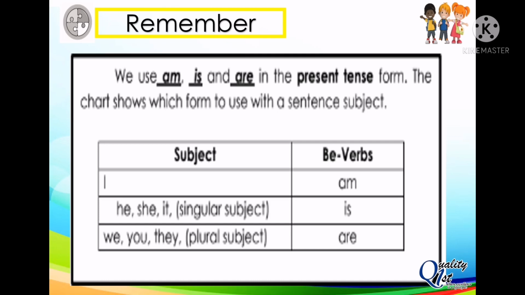For the subjects he, she, it, and other singular subjects, we use the be verb is. For the subjects we, you, they, and other plural subjects, we always use the be verb are. Alright? You have to remember that, okay? Well done, kids.